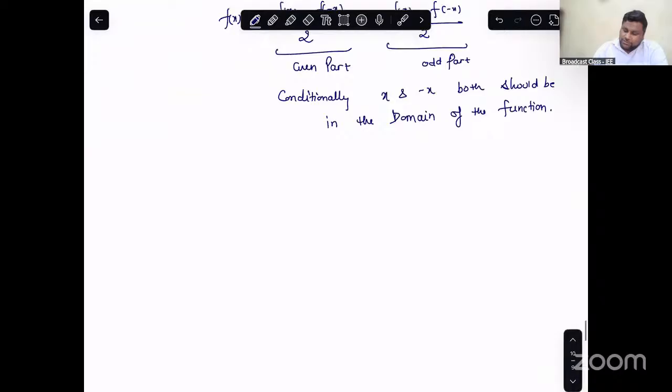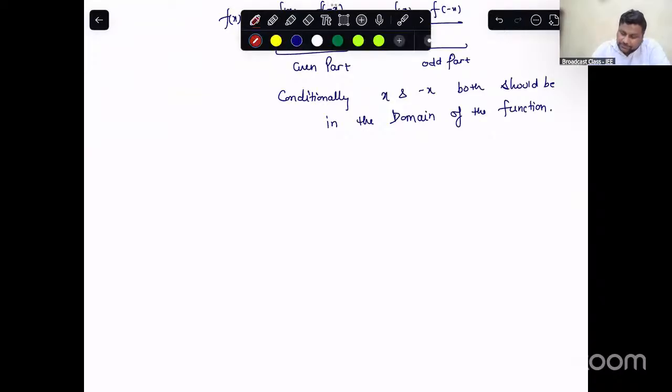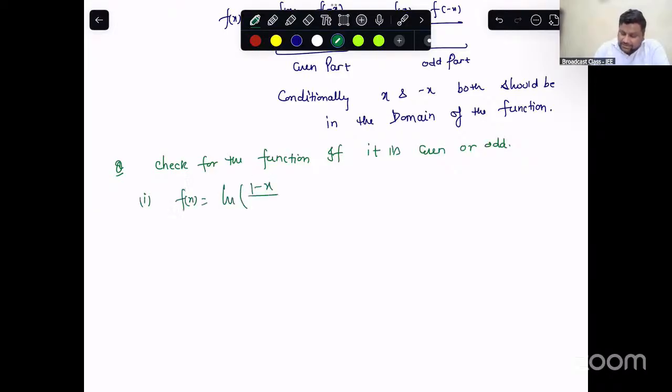Okay, now let's do one or two examples. Check for the function if it is even or odd. First is f(x) is ln of (1 minus x) upon (1 plus x).